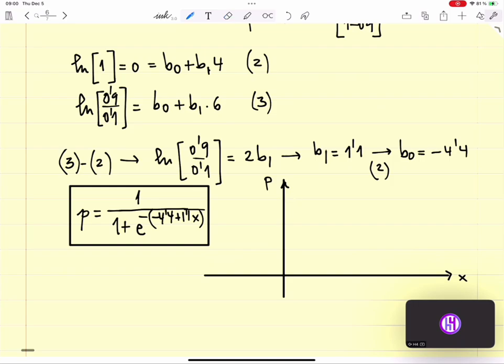Yeah, so it works a little bit like this. This goes up to 1 for above 5, and around, let's say, 2 it is 0.5, so it goes like this.